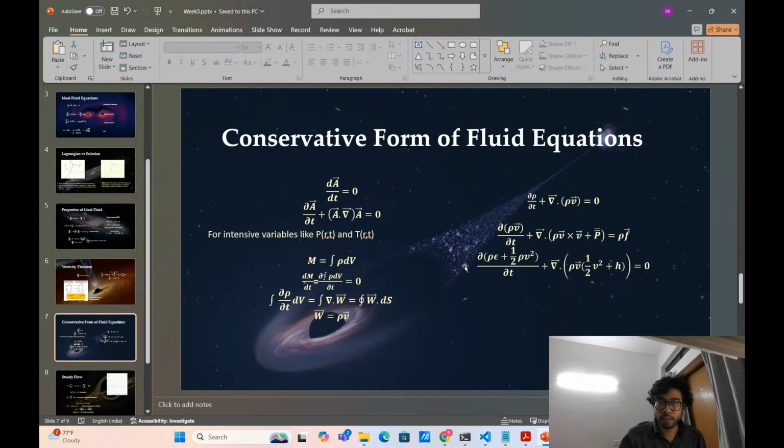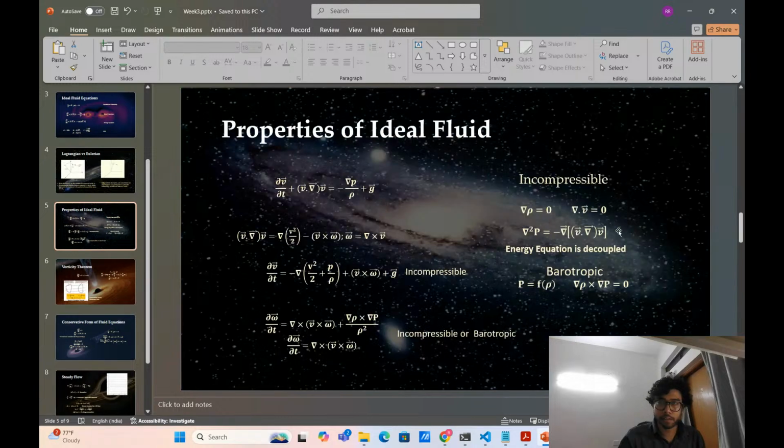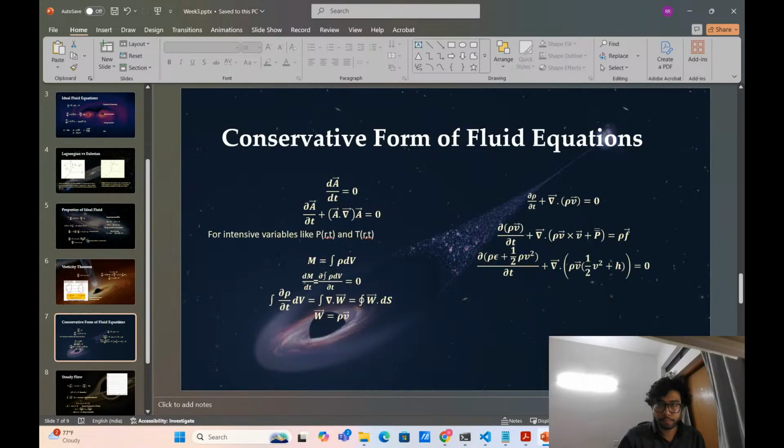Another condition that I have to mention in order to derive this equation is that you have to impose that the fluid is incompressible. And we know what incompressible means, right? It should follow these conditions.